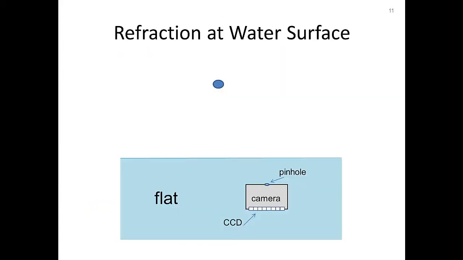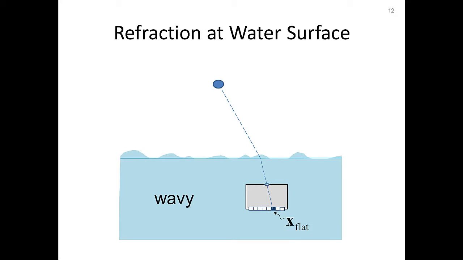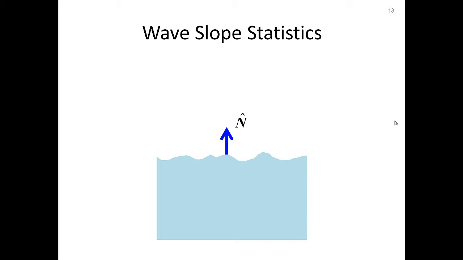Now, let's dive into some details. When the water surface is flat, this point projects to this pixel. Let's call it x flat. When the water surface is wavy, the same point now projects to a different pixel. Let's call it x. Let's look at the wavy water surface as it varies with time.